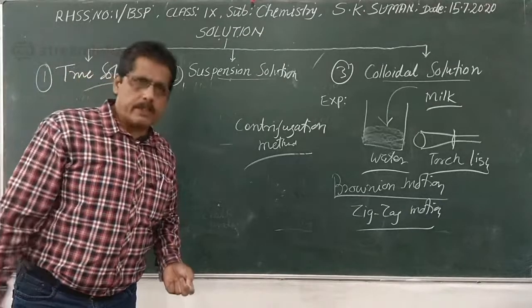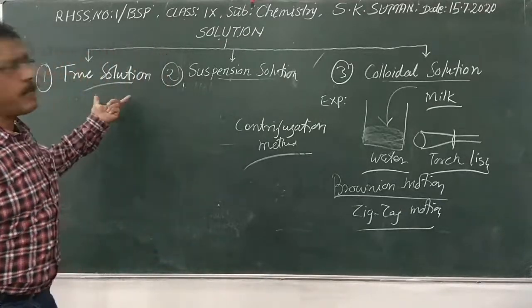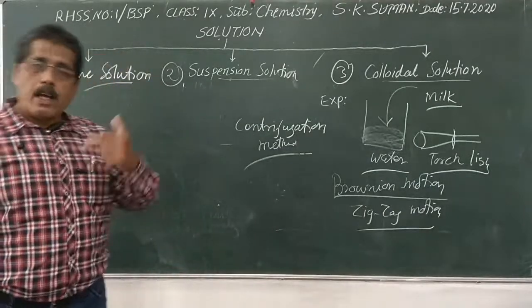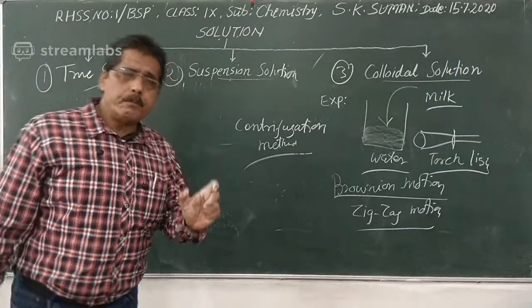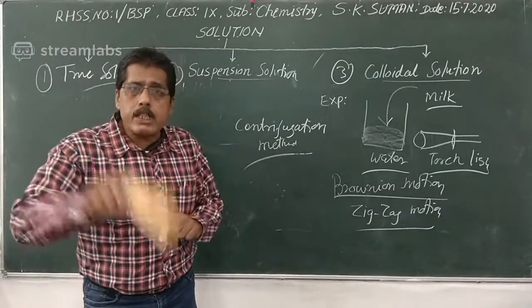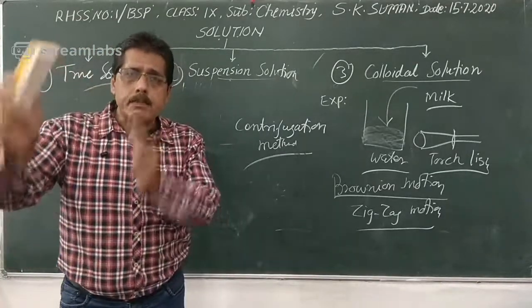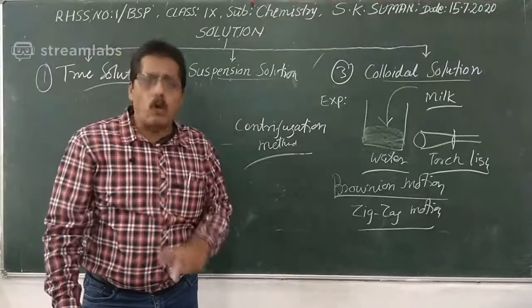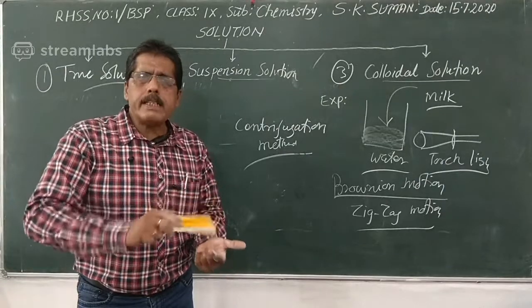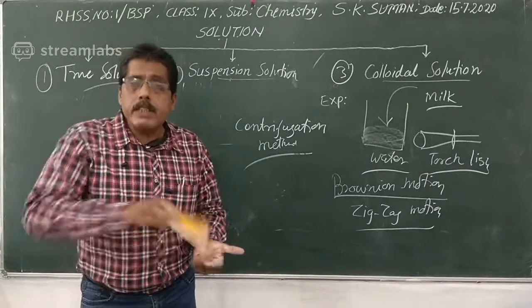Okay, in sugar solution, when you are mixing sugar in water, which is solute? Sugar is the solute. Which is solvent? Water will be the solvent. And the solution obtained will be of which type? It will be a true solution, because sugar will be dissolved completely. Its composition will be same throughout.